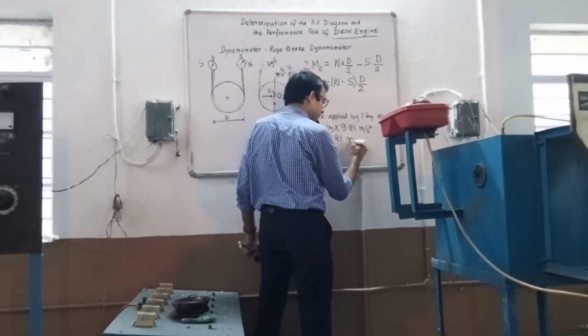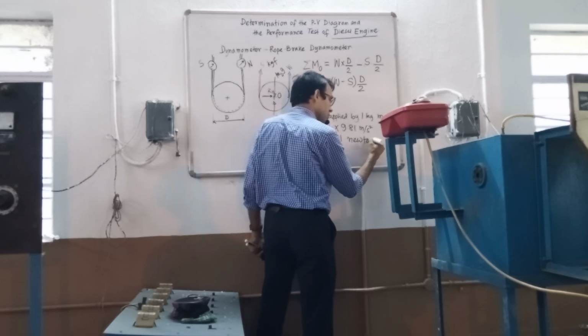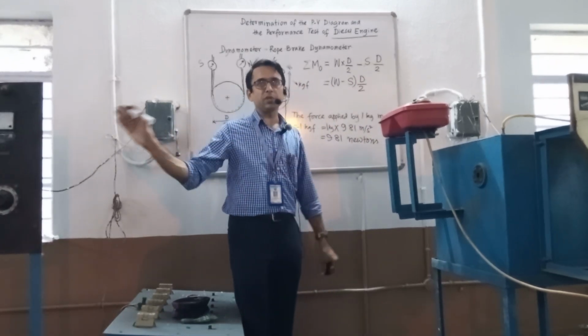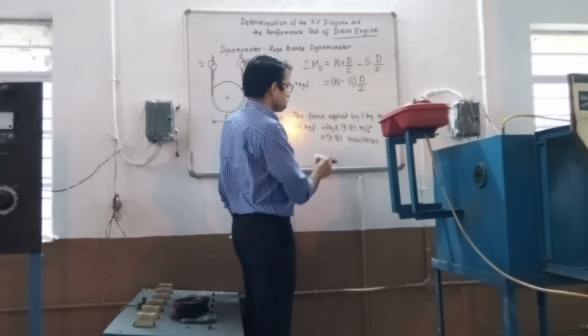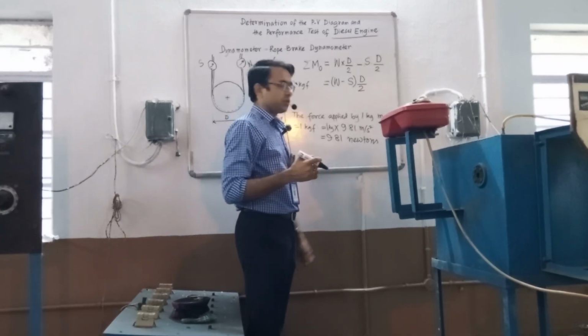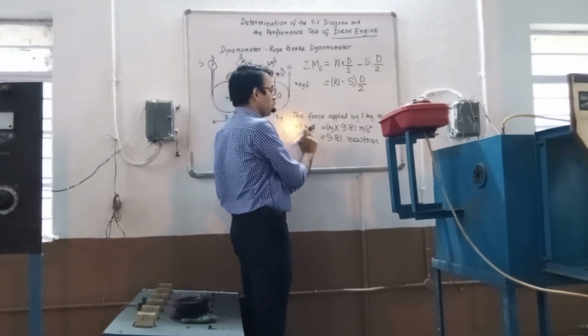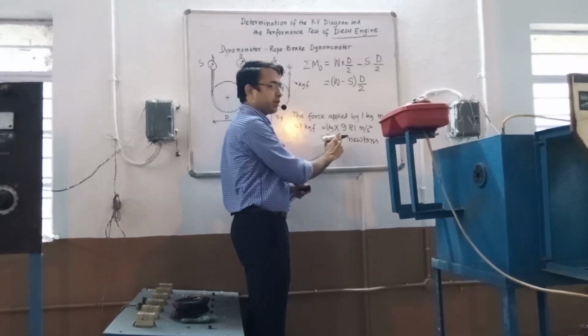It is better to write newtons, because N I will use for something else, the RPM of the engine. So to avoid confusion, we are using newtons simply. So 1 kgf means 1 kg force means basically 9.81 newtons.